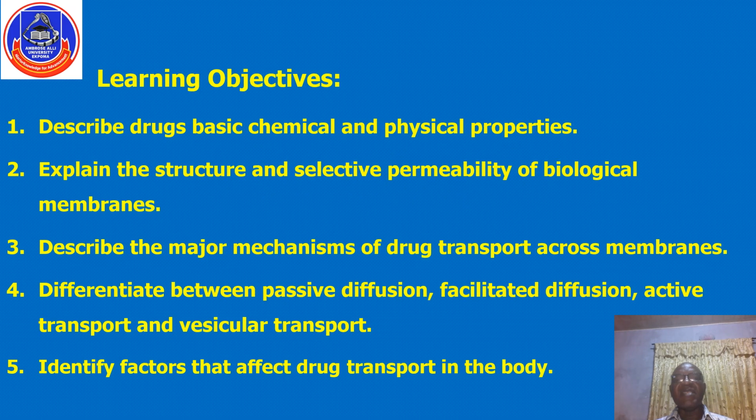Now, what are we expected to achieve at the end of this lecture? We have 5 points. 1. You should be able to describe drug, its basic chemical and physical properties, explain the structure and selective permeability of biological membranes, describe the major mechanisms of drug transport across membranes, differentiate between passive diffusion, facilitated diffusion, active transport, and vesicular transport.